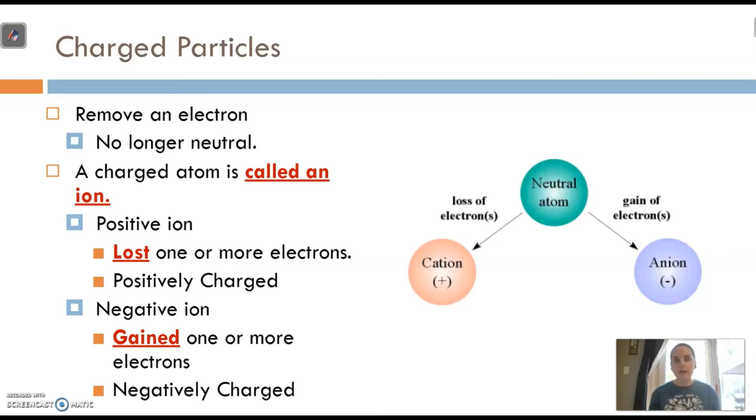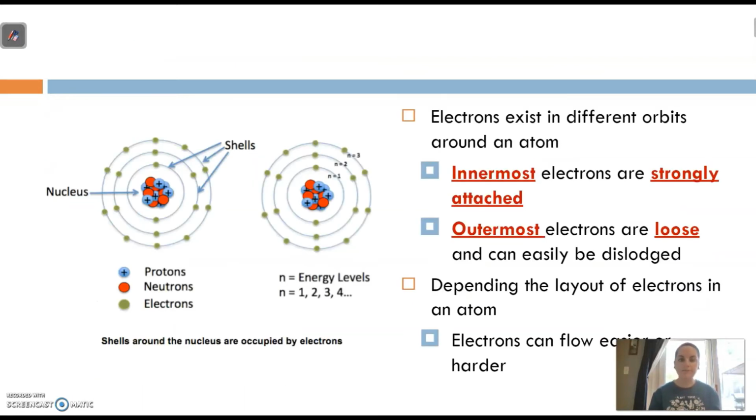A positive ion has lost one or more electrons, so it's no longer a neutral atom. It now has a more positive charge because it has more protons than electrons. And if an atom gains one or more electrons, it's going to be a negative ion. Again, it's just a charged atom, but now it has more electrons, so it's negatively charged.